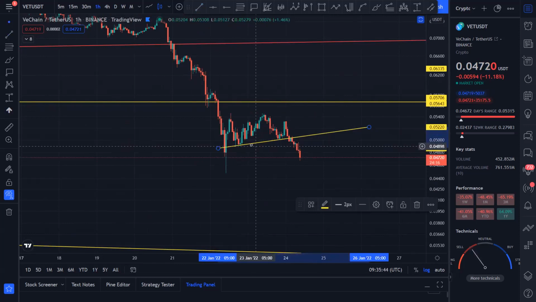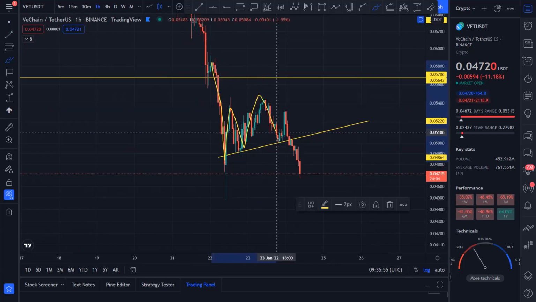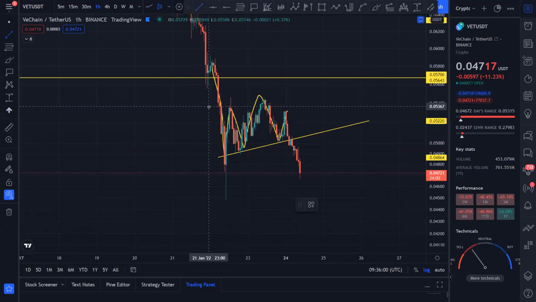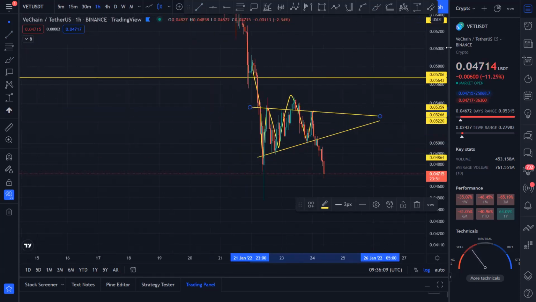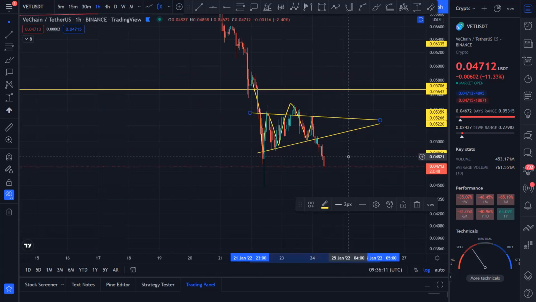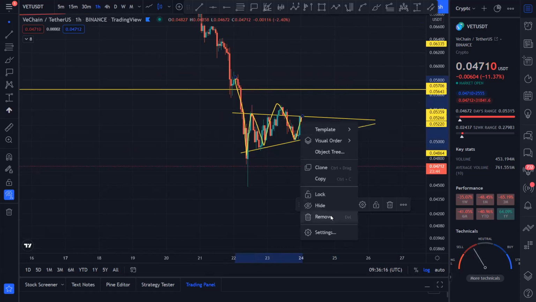This was the support that was trying to push the price upwards, but it failed because when the price came down, it tried to make a W bottom, a W pattern, but the price failed to break this area. You can also see this as a symmetrical triangle, a continuation pattern towards the downside. It tried to break this, but it failed and it made a bearish pattern.